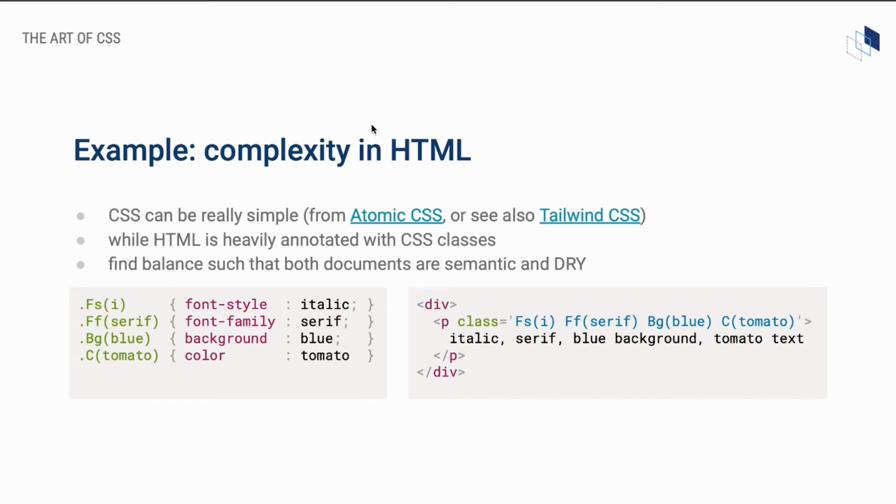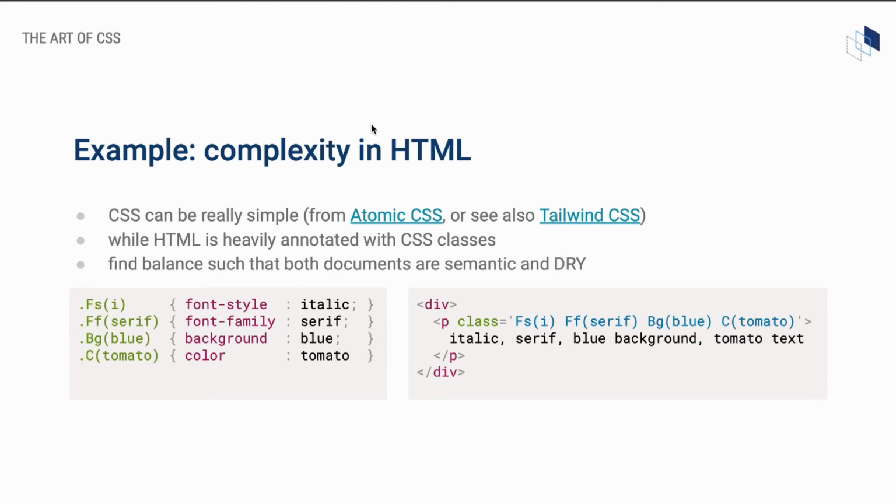The idea is every CSS class does one thing and one thing only. And on the right-hand side, you basically have all the complexity shifted into your HTML, and you're very, very verbose with your HTML. In the case of Atomic CSS, you don't actually write the CSS. The parser will look at your HTML and say, okay, these are the CSS that you need, and it creates a CSS file for you.